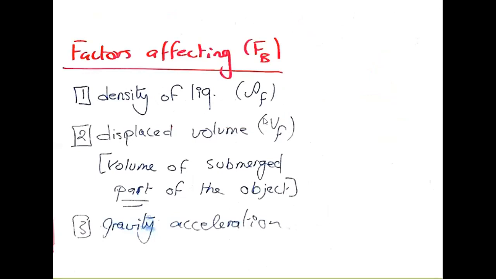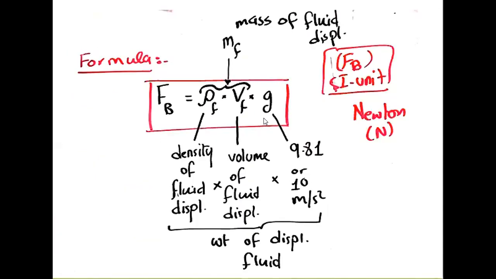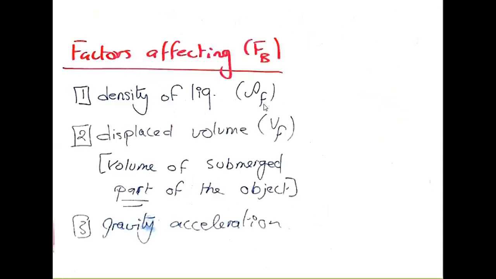So what are the factors affecting the buoyant force according to this formula? We have density, we have the volume of displaced liquid, and we have the free fall acceleration.